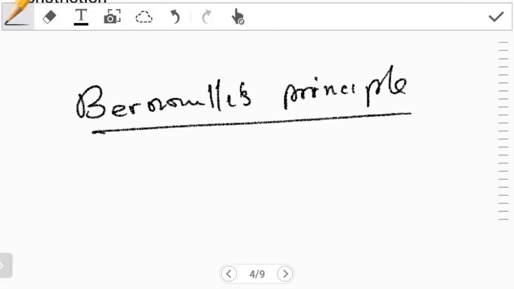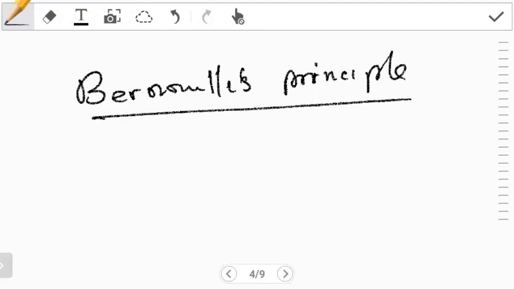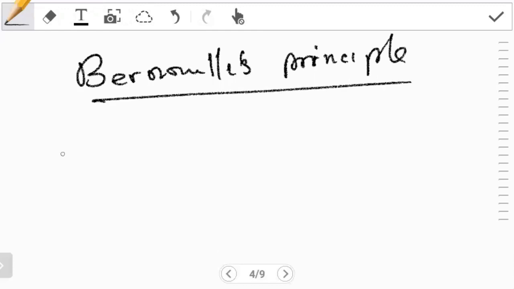Well, what does that mean? If you have a fluid that is flowing in some tube, let's say this is the first scenario. Let me pick 2 points.